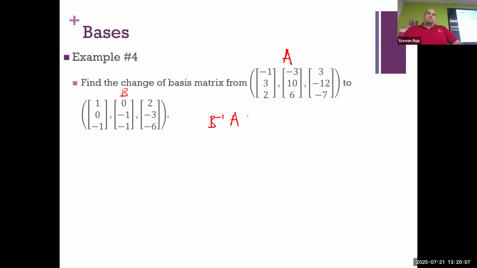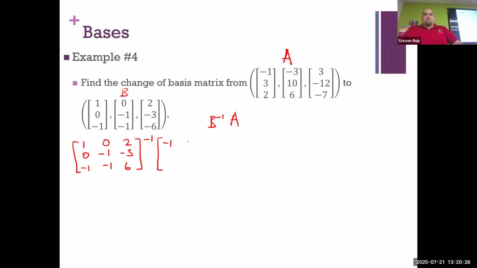Can we invert B? Could we do it by hand if we really, really wanted to? Would anybody be offended if we didn't? All right. Well, then I'm going to write this thing down to show that that's what we're actually doing.